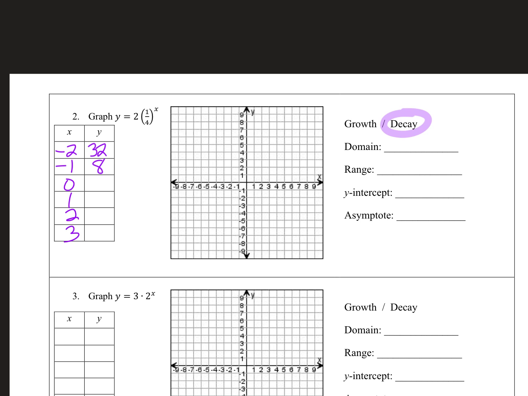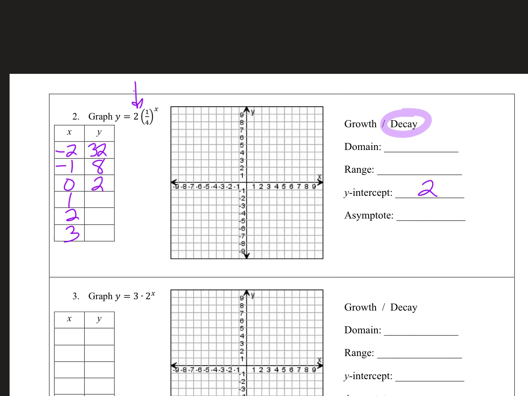No worries. Okay. 2 times 1/4 to the 0 is going to give us 2. Oh, that's going to be my y-intercept, 0, 2. Okay, that number right there, not the number with the exponent on it, but the number in front of that, is always going to be our y-intercept.